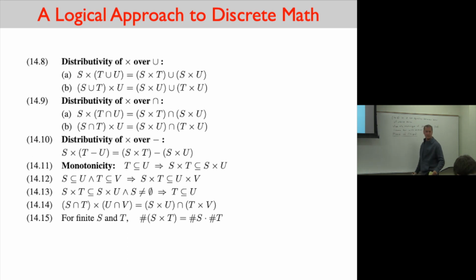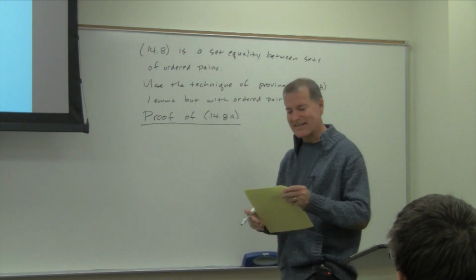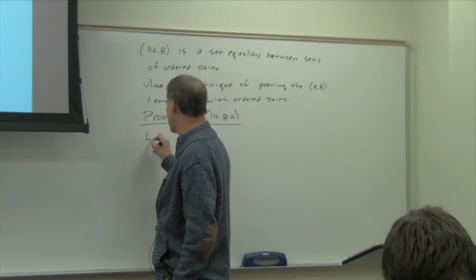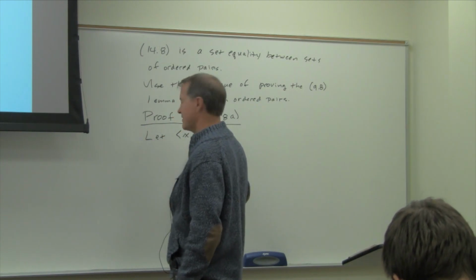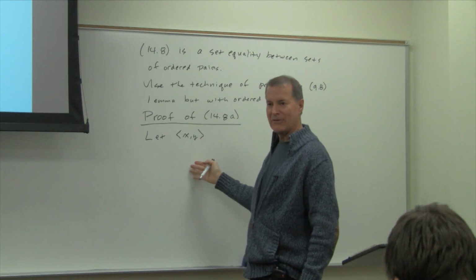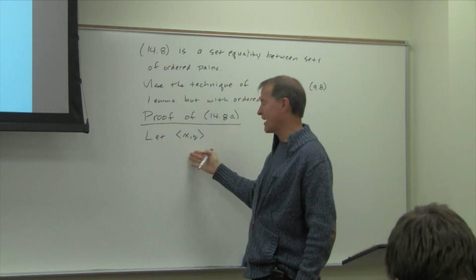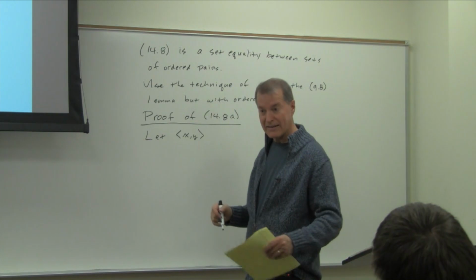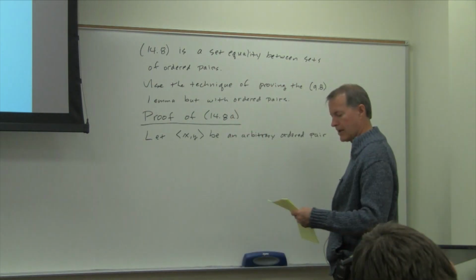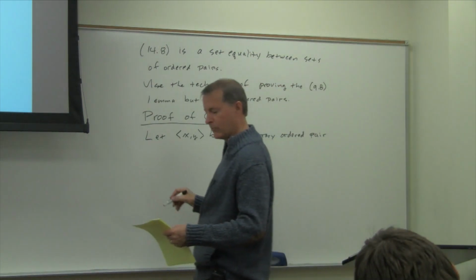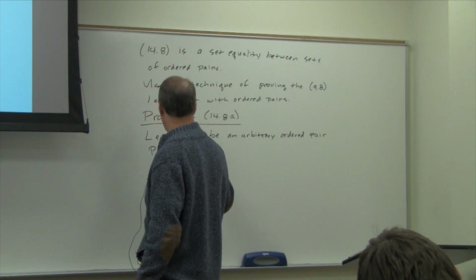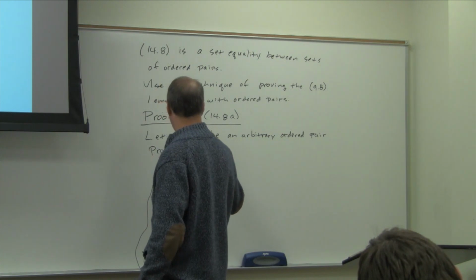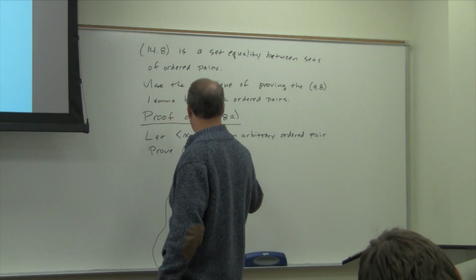Instead of saying let x be an arbitrary element, we say let x, y be an arbitrary ordered pair. And then prove the 9.8 lemma.